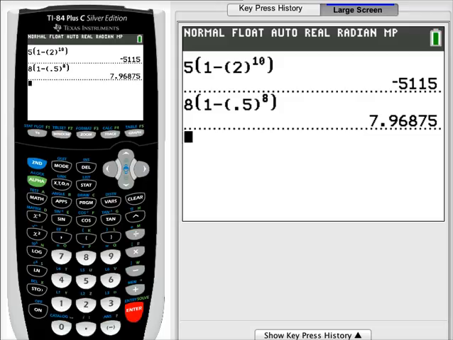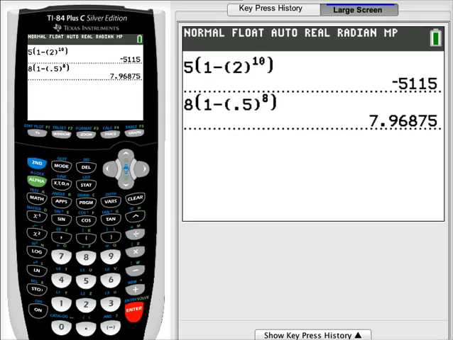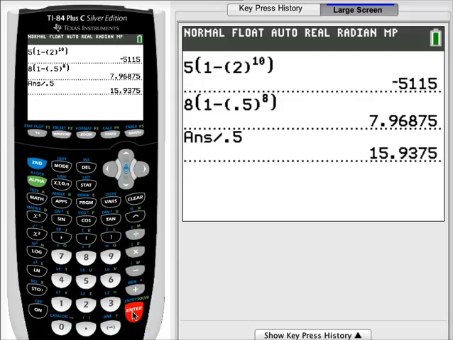So here we're getting 7.96875 divided by 1 minus 0.5 is 0.5. So now I can take that answer and I'm dividing it by 0.5.